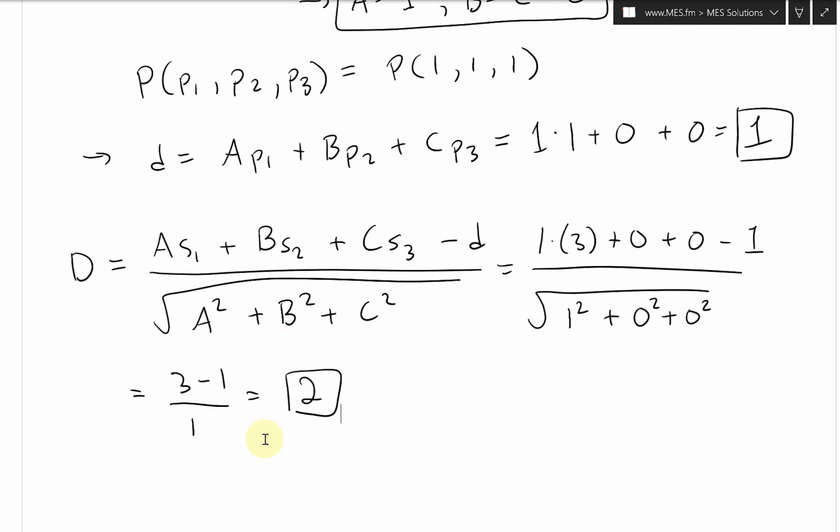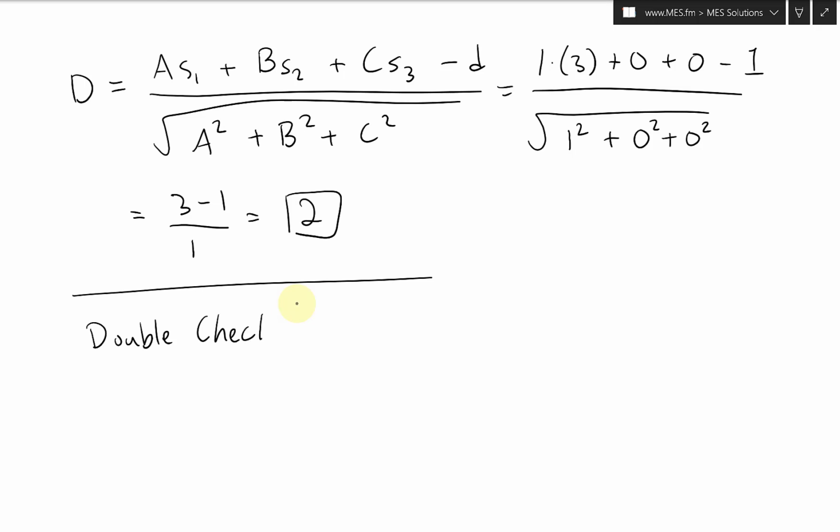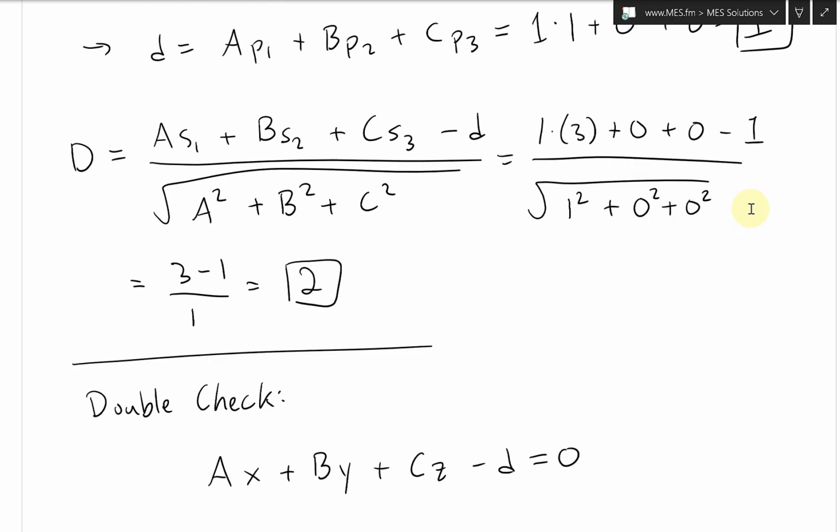All right, and so the distance from the point to the plane is 2, but we can do a double check right here. Let's do a double check. That was using the formula, but first we have to find the equation of the plane. So the plane is just going to be, well, if you just remember it, ax plus by plus cz minus d equals 0, and d is just 1.